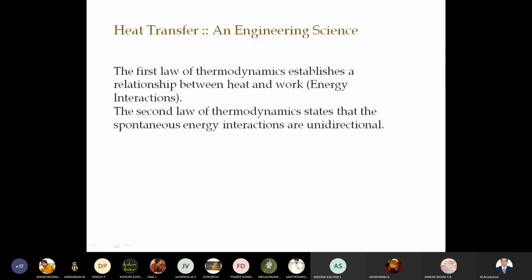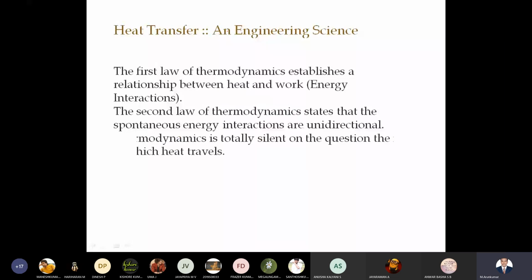Right. You know very well the first law of thermodynamics establishes a relationship between heat and work. Then the second law of thermodynamics states that spontaneous energy interactions are unidirectional. So the second law states the direction of the flow of heat. Then thermodynamics is totally silent on the question of the rate at which heat transfers, right?